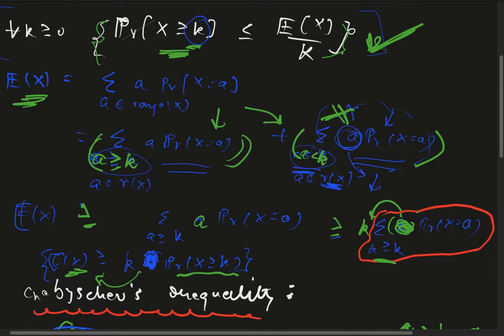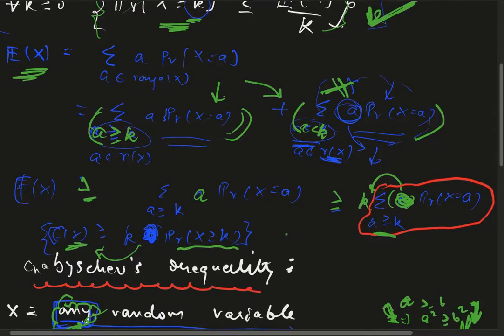It will give us a bound on the probability that a non-negative random variable is greater than a certain threshold. It will give us an upper bound on that probability, right? This is Markov's inequality, while Chebyshev's inequality, first of all, doesn't have any inbuilt assumption.